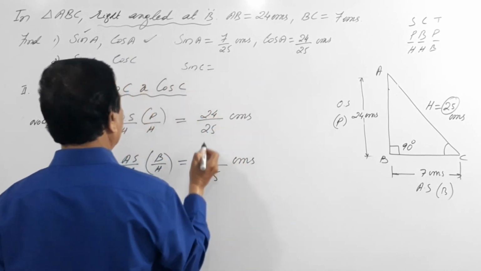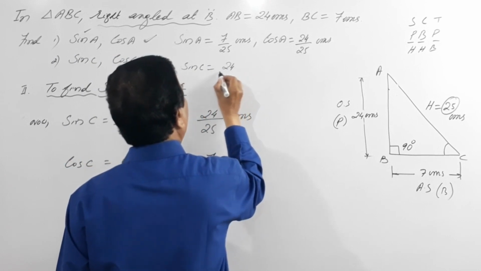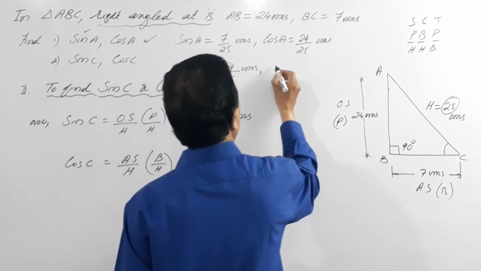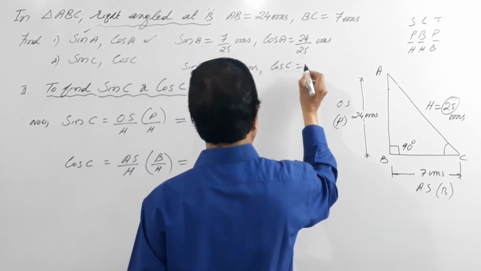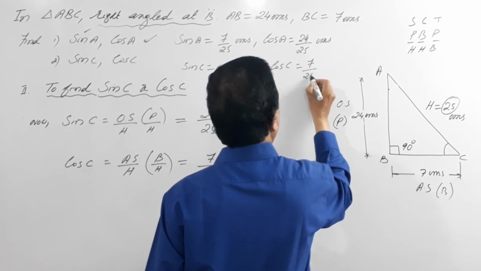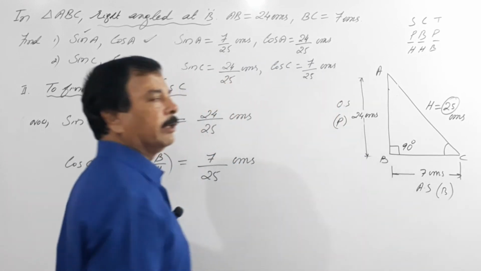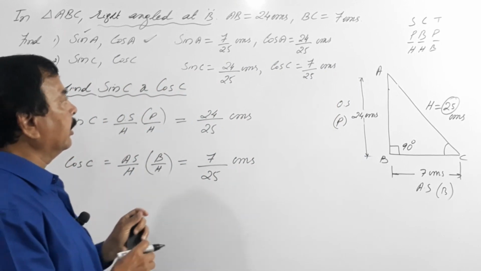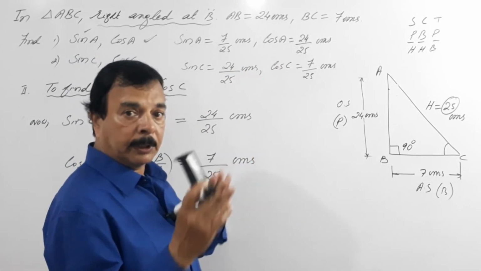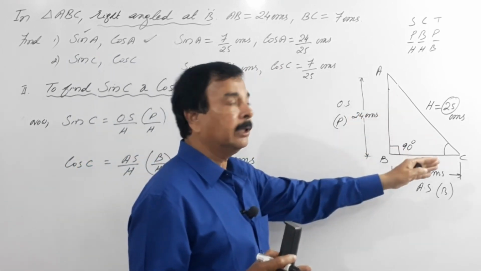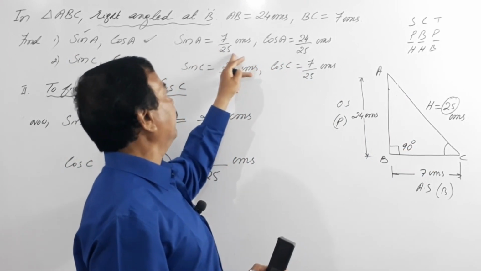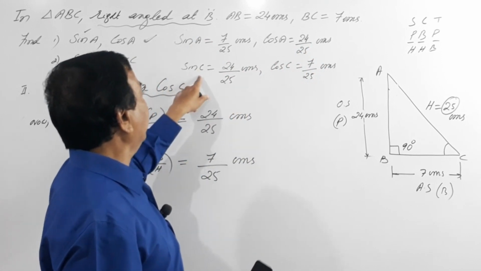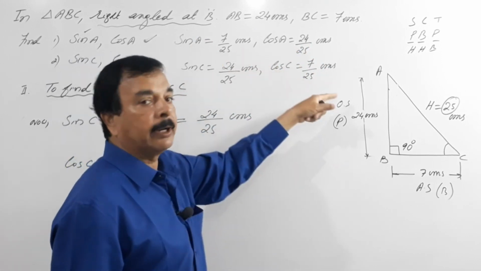sin C equals 24 by 25 centimeters, and this one cos C equals 7 by 25 सेंटीमीटर्स. दोनों मिल गए. तो क्या, by changing the side, ये बदलाने से, क्या एंगल बदलाने से क्या फर्क पड़ रहा है? इधर sin A was 7 by 25 and cos A was 24/25. जब साइन बदला दिए तो ये क्या हो गया? साइन C ये बन गया और ये उधर बन गया, राइट?